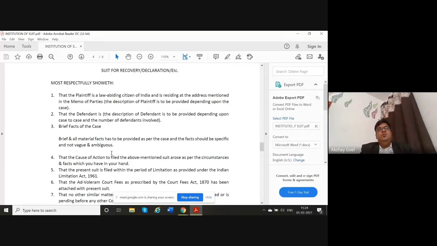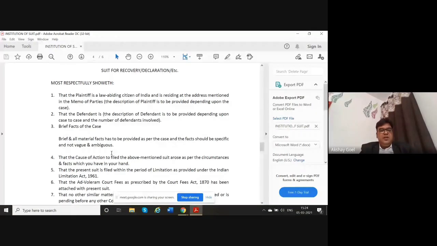It further arose when the plaintiff ordered XYZ amount from the defendant. It further arose when the plaintiff made an advance payment of XYZ amount. It further arose and it is arising continuously till the day of the filing of the suit.